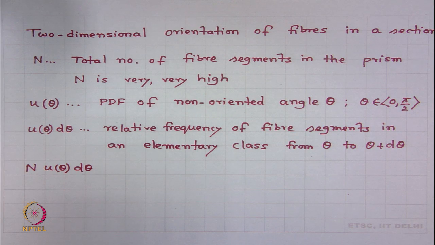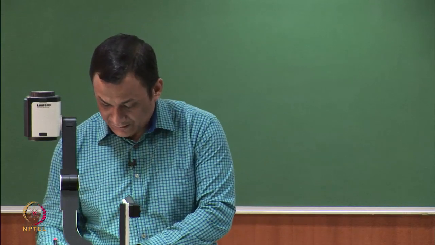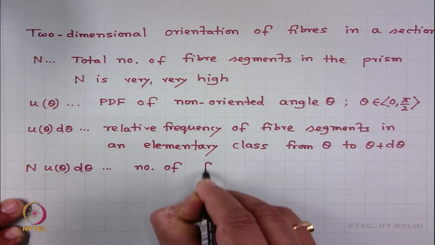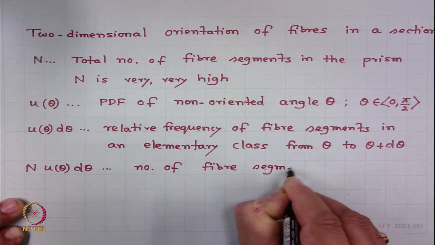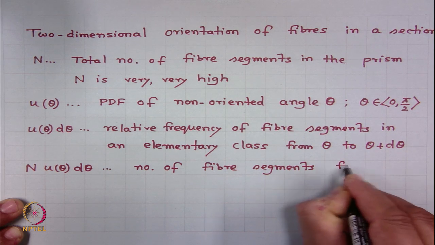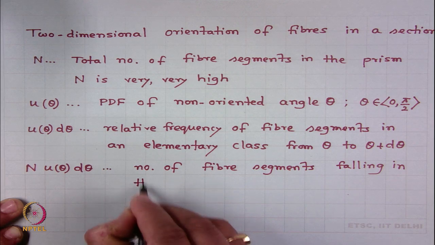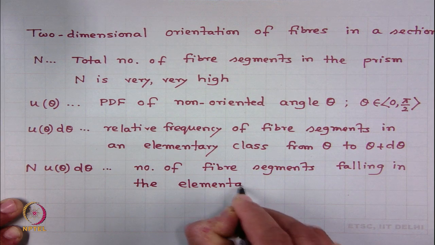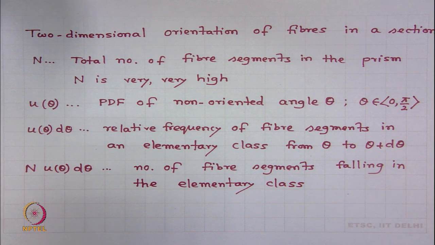N multiplied by u theta d theta is the number of all fiber segments which are falling in this elementary class. Clear.